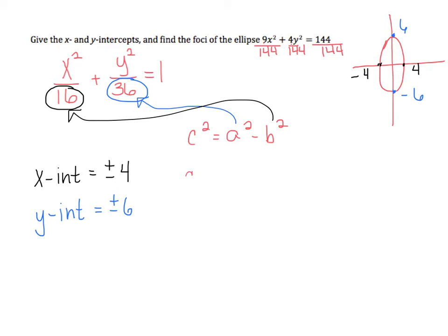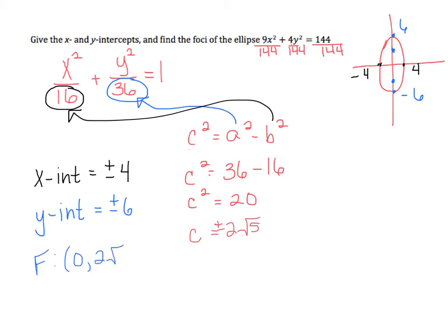So when we're looking for c squared, we take 36 minus 16, that means that c is equal to 2 root 5, positive and negative 2 root 5. Since my foci are here and here, my x-coordinates on both of them are 0. So the foci are 0, 2 root 5, and 0, negative 2 root 5.